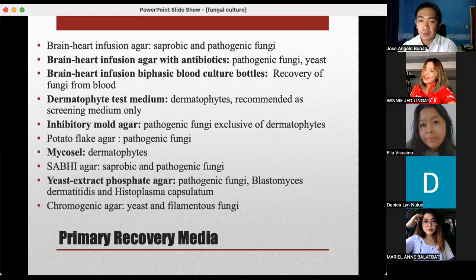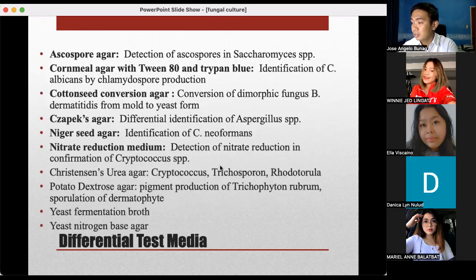It does contain your SDA, your cycloheximide, and also your chloramphenicol. And we have other agars such as your yeast extract phosphate agar for pathogenic fungi, Blastomyces dermatitidis, Histoplasma capsulatum, and we have your chromogenic agar for your yeast and filamentous media.